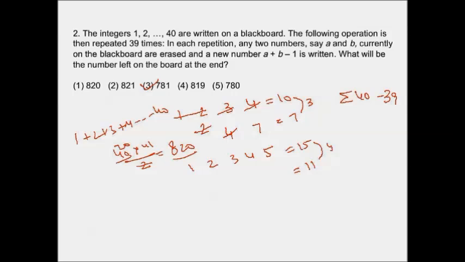But whenever a person comes, he actually reduces the sum of two numbers by 1. Then another person would come, and he'll again reduce the sum by 1. So if 39 people come, they will reduce the total sum by 39, each one of them reducing it by 1. So the final sum would be 820 minus 39, which is equal to 781. So therefore my answer becomes 781.